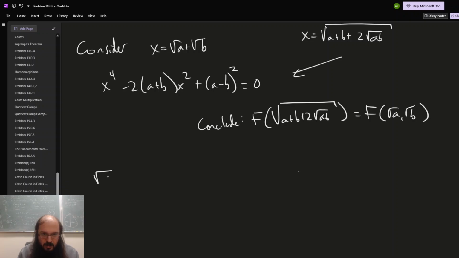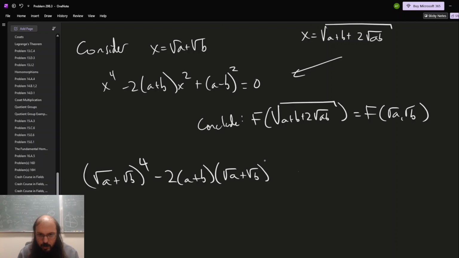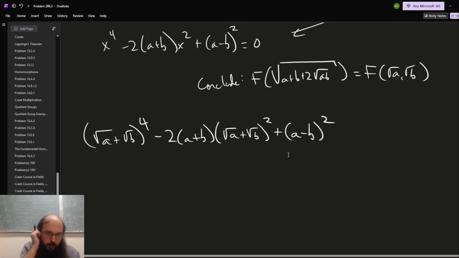So for x, I got square root of a plus square root of b to the 4th power, minus 2 times a plus b, times square root of a plus square root of b squared, plus a minus b squared. And let's just get to work. For this first thing, it's the binomial theorem.